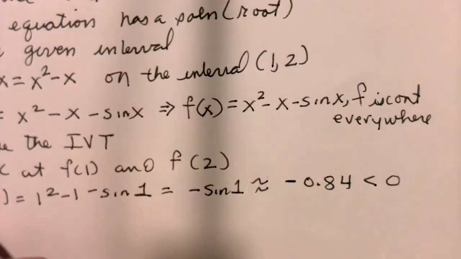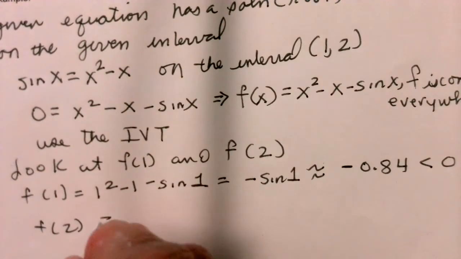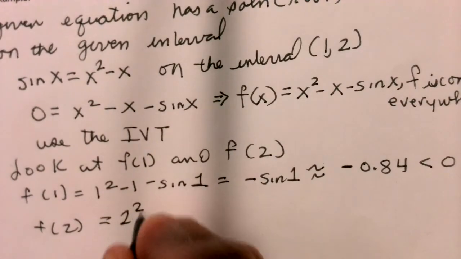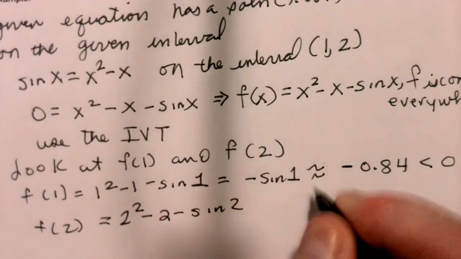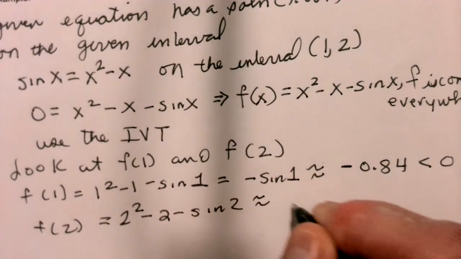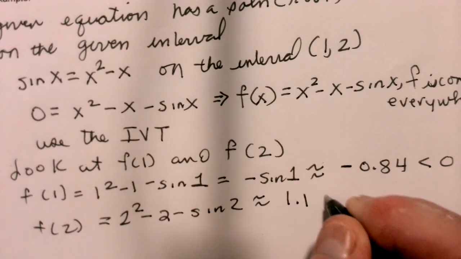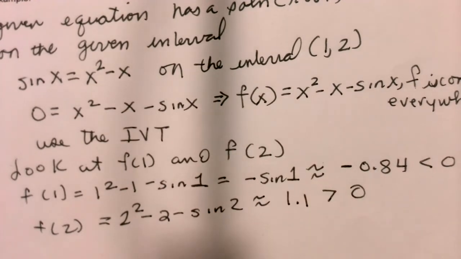Okay, and then f of 2 is equal to 2 squared minus 2 minus sine of 2, which on your calculator is about 1.1. And the point is it's positive.